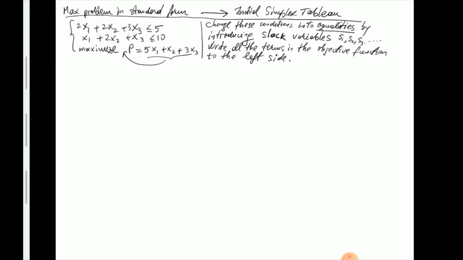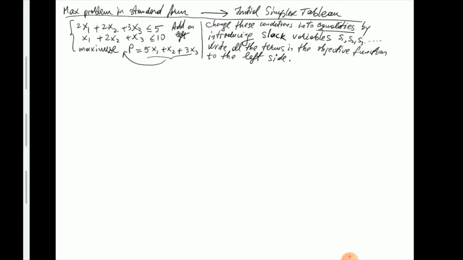The slack variable, imagine the following. You have a quantity less than 5. Let's look at the first condition. To make it an equality, you need to add stuff on the left, right? It stands to reason that if you want to make an equality from less than something, you've got to add a positive quantity, which we denote by these slack variables.